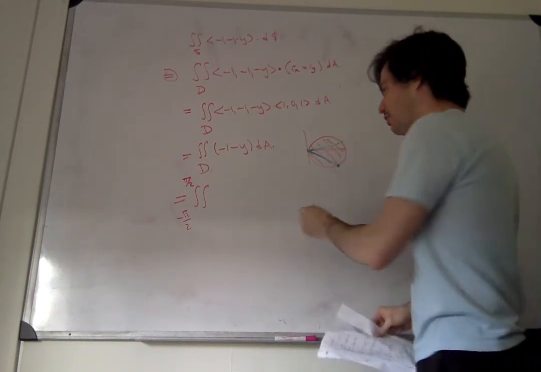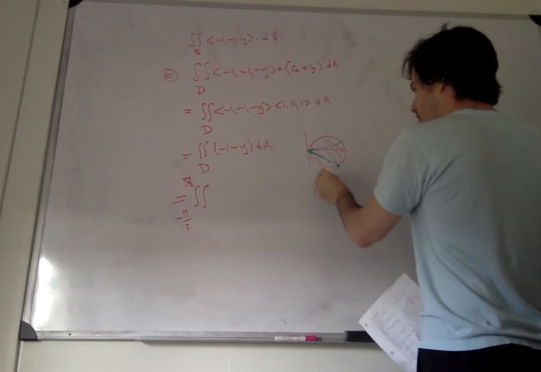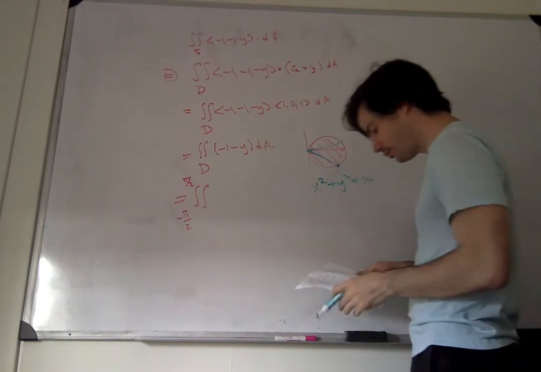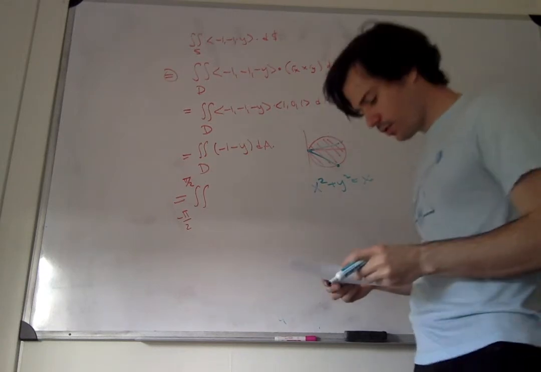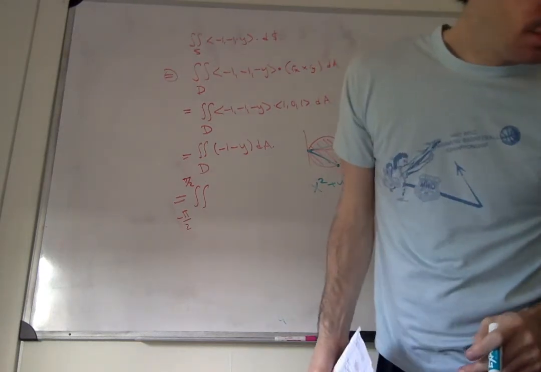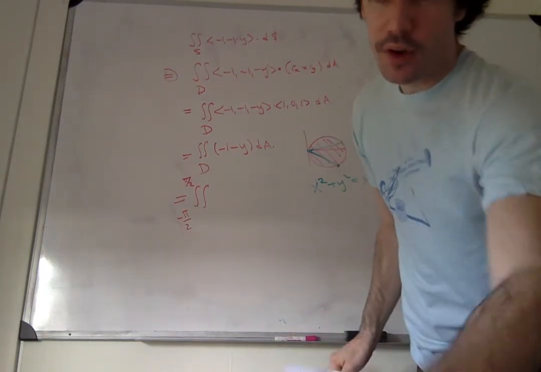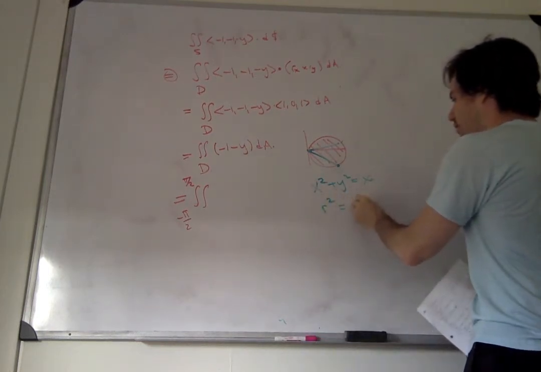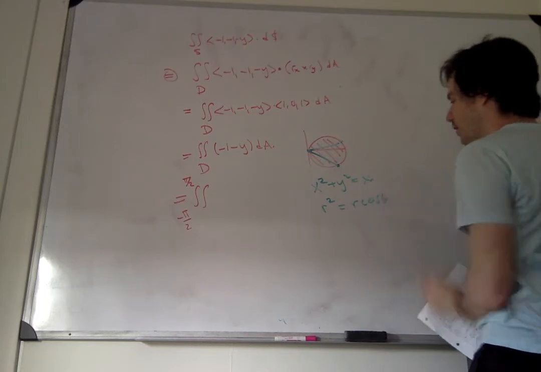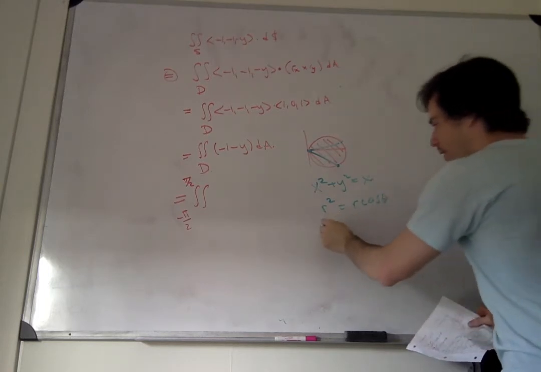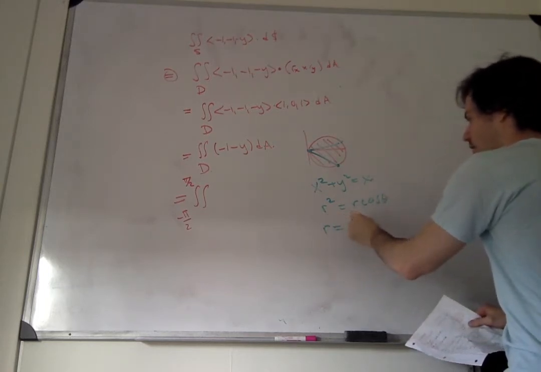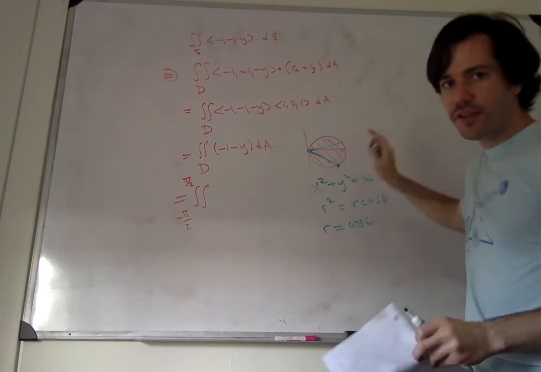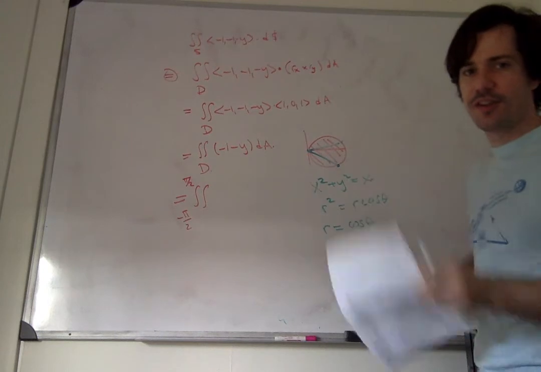What is the circle? Well, this circle is x squared plus y squared equals x. In polar coordinates, this is going to be r squared, and this is going to be r cosine theta. So I'm going to divide by r, and I just get r cosine theta. So the circle is just r equals cosine theta.